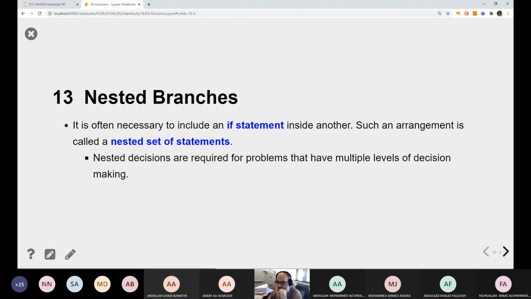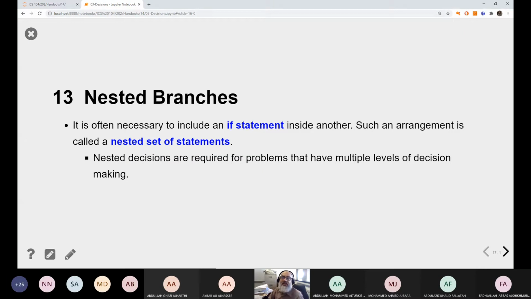And now we will see whether we can have an if statement inside a block of statements, whether after the condition or after the else. And the answer to that question is definitely yes.